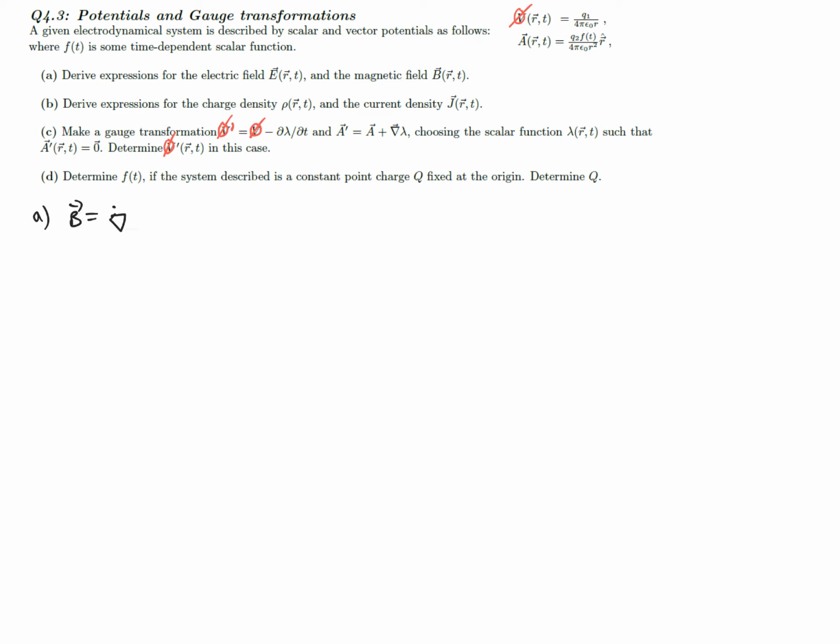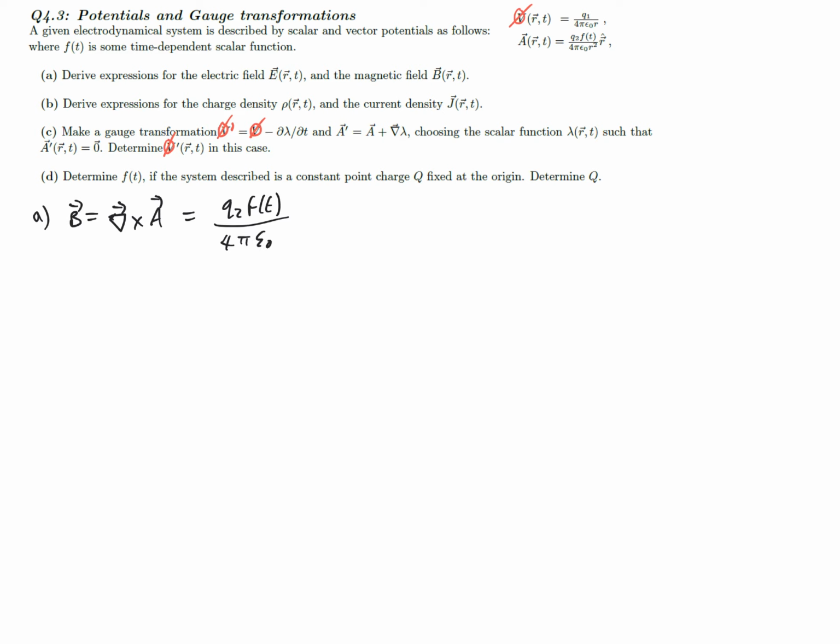The magnetic field is related to the curl of the vector potential, and in this case, we'll factorize out the constants, q squared f of t over 4 pi epsilon naught.